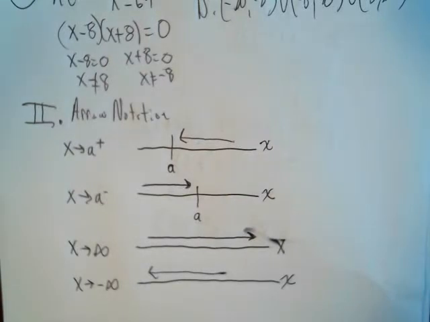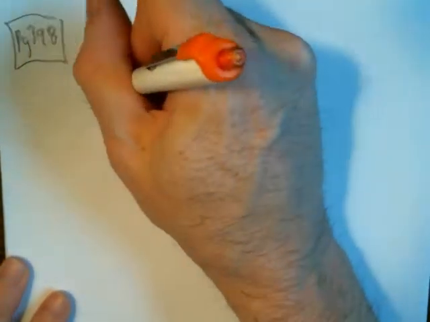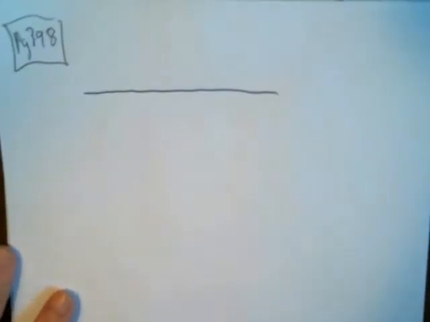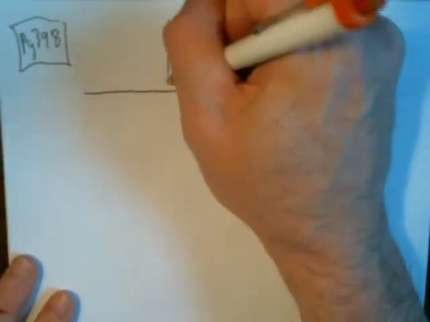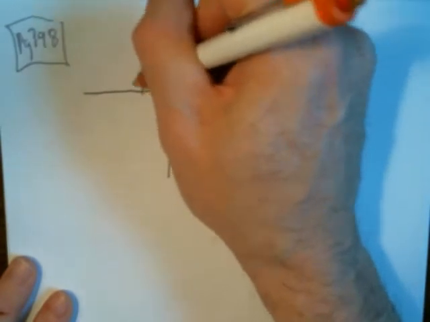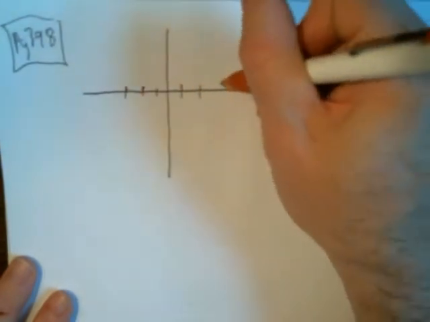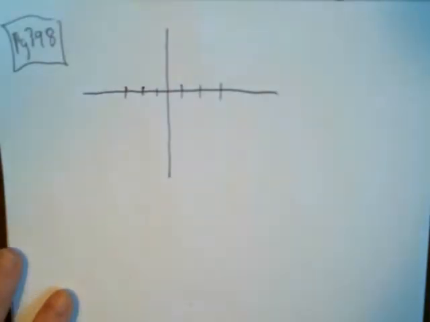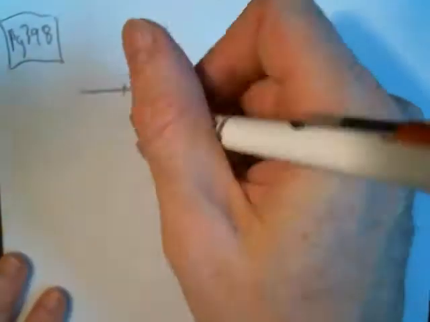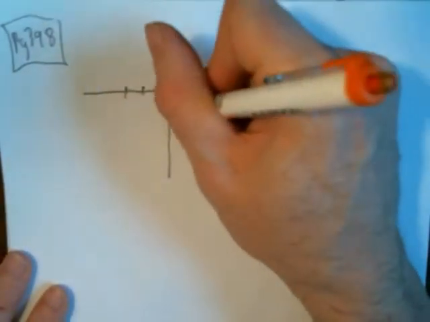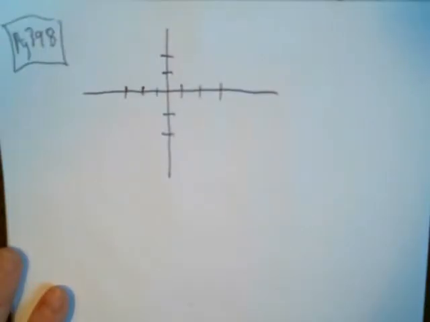Okay, so to make this a little more clear, let's take a look at the problem they have in the book. So page 398. And they give us a nice graph. Three tick marks there, about 2 tick marks on the y-axis in each direction.